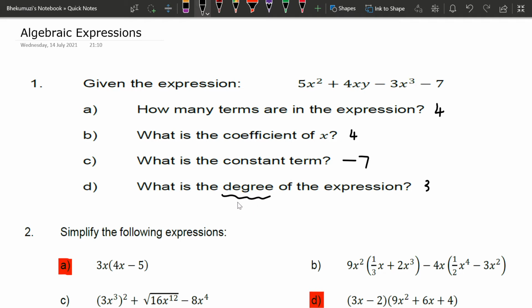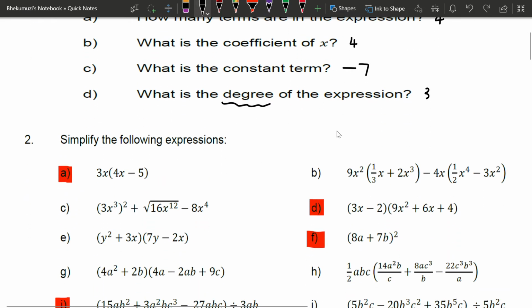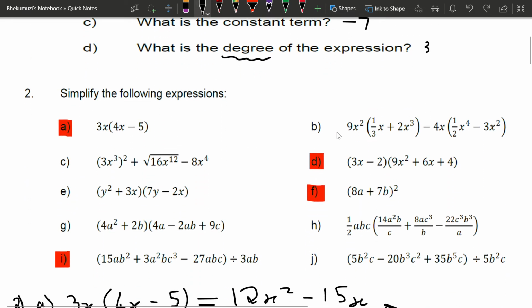And as I said, when they're asking you about the degree, they really mean the highest exponent, right? And then the types of questions that you'll probably see again in this chapter are to simplify the following expressions. So the ones that are in red are the ones that I have done for you, and the other ones I'd like you to try out.